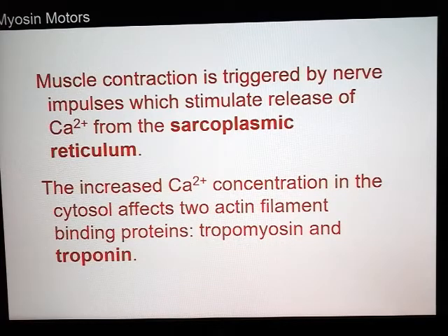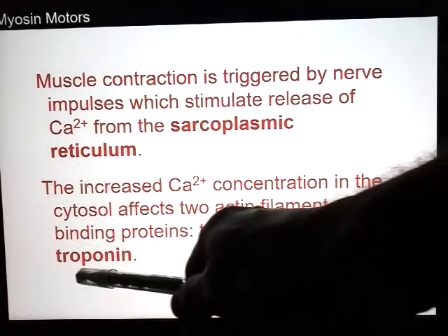So muscle contraction then, guys, is triggered by nerve impulses that will stimulate release of calcium from the sarcoplasmic reticulum, and that increased calcium concentration in the cytosol affects 2 actin filament binding proteins, tropomyosin and troponin.